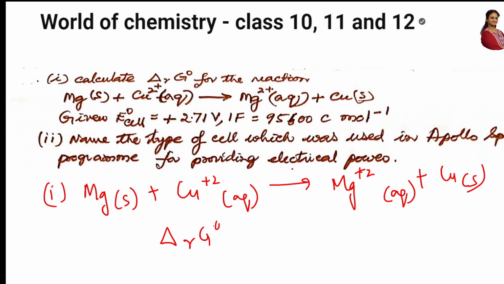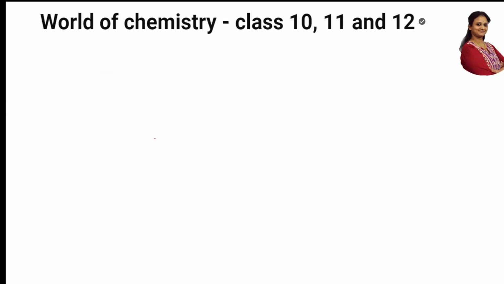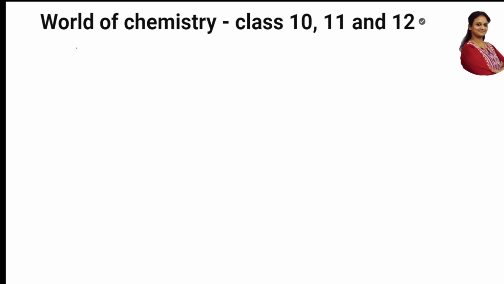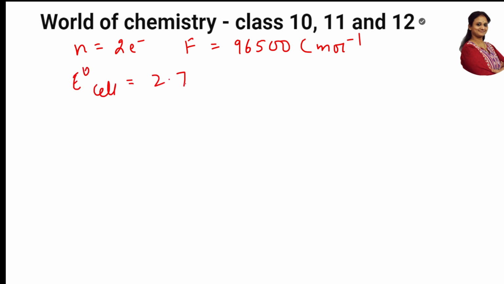Delta r G naught is equal to minus nFE cell, right, students? Let us substitute the values. What is n, the number of electrons transferred? 2 electrons, so n value is 2. Faraday is 96,500 C mol inverse. E naught cell value is given as 2.71 volts.